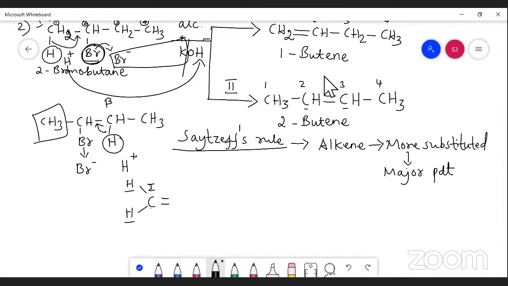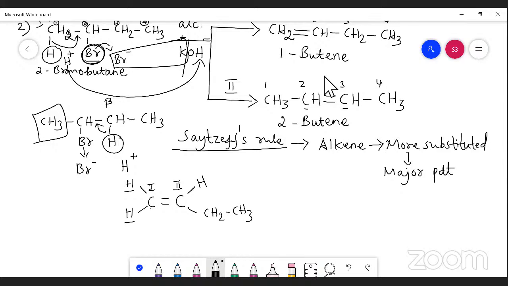So both atoms are hydrogen. This is the first carbon. Now, for your clarity, I write the second carbon. In the second carbon, I write 1 hydrogen, and this group is the ethyl group.